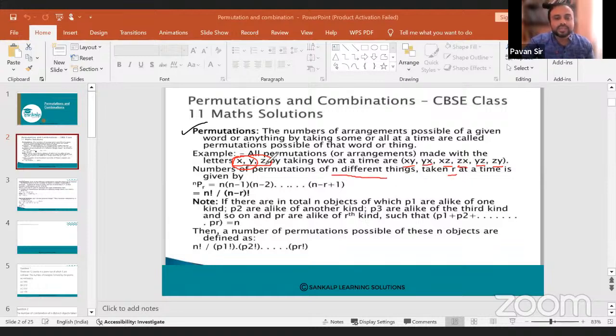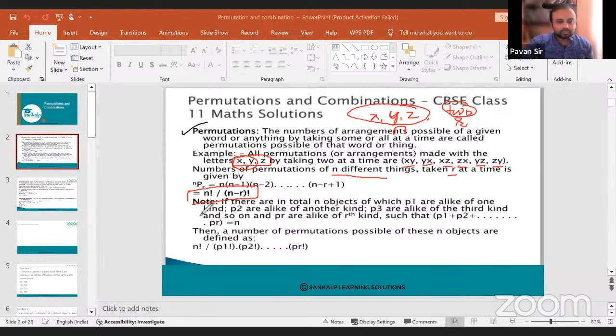For example, x, y, z are three letters, so n is 3, and taking two at a time, that two is r. This is given by nPr, which is n into (n minus 1), (n minus 2), and so on up to (n minus r plus 1). Generally the formula is written as factorial n divided by factorial (n minus r).